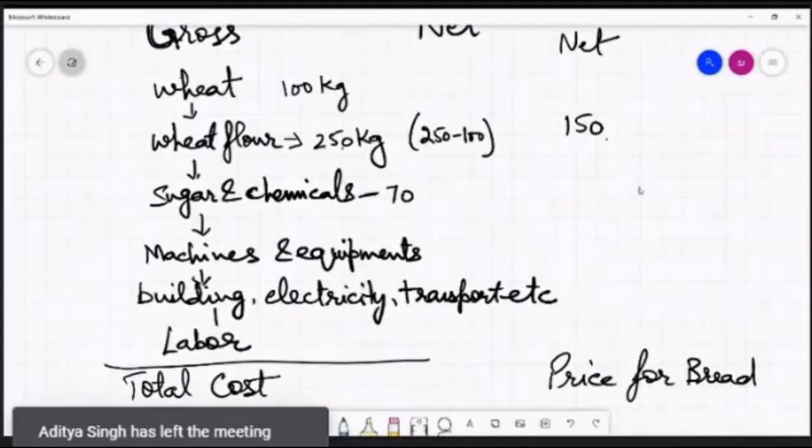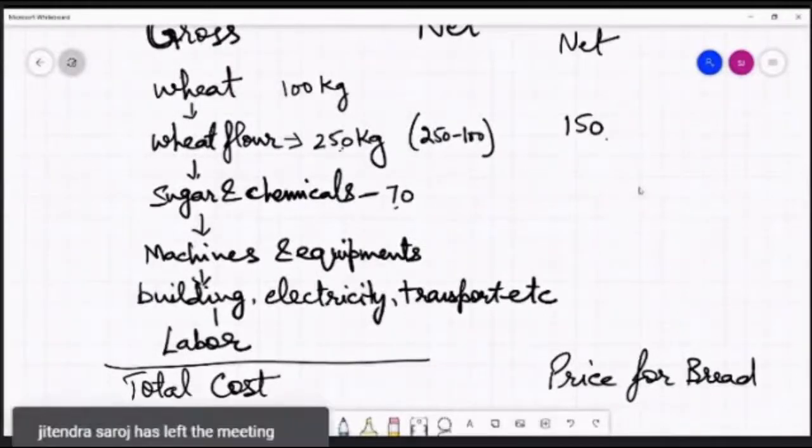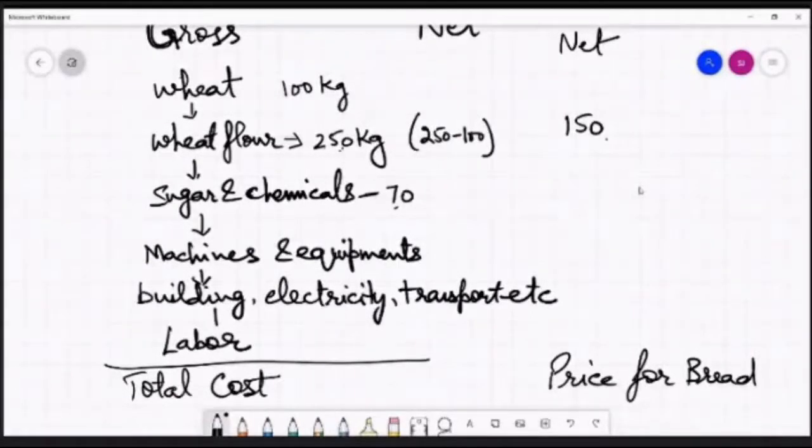So now when you add 250 with 70, the gross value will be 100 plus 250 plus 70. But when you take the net value, then 250 plus 70 will be 320. Right? So 320 minus 250, how much have you added? You have added only 70.